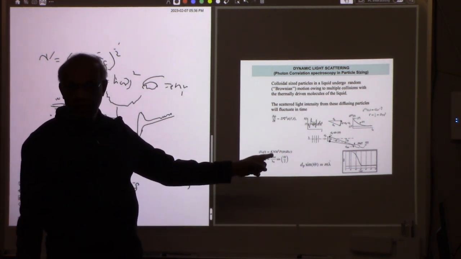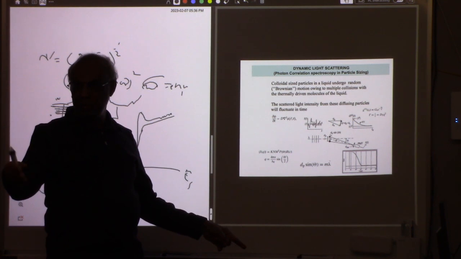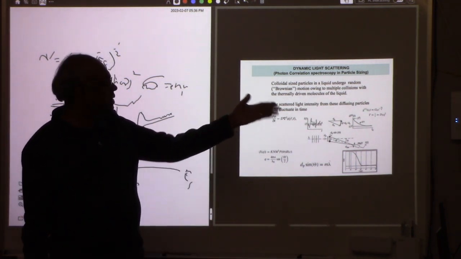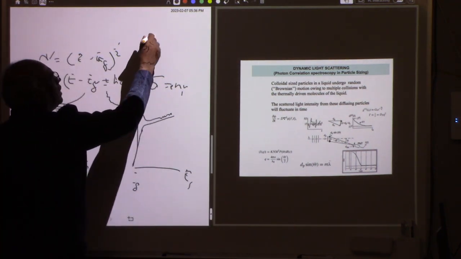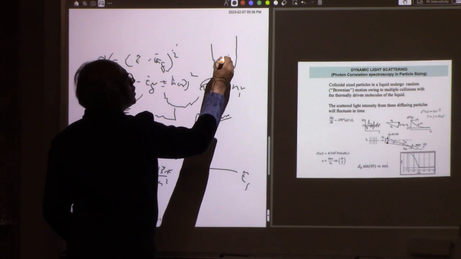I think there's a lab in quantum, the next part will be doing labs, right? One of the experiments is this: what you have is a solution with these particles in suspension.